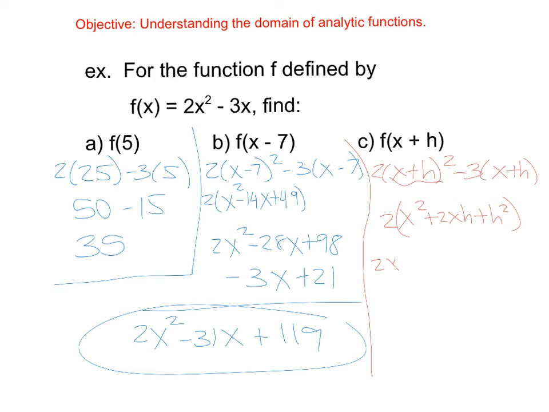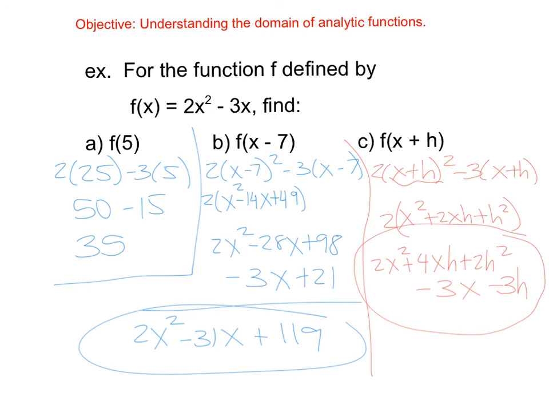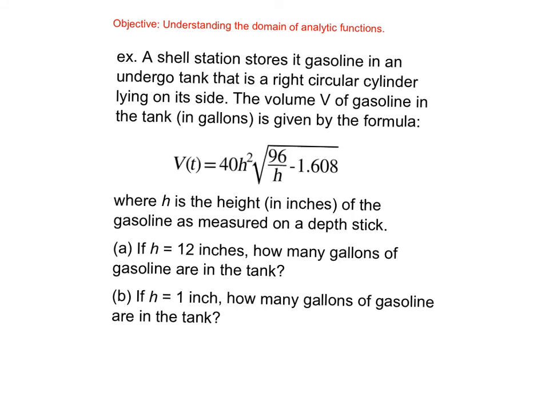So we get 2x squared plus, just kidding, 4xh plus 2h squared minus 3x minus 3h. That's your answer. It's ugly, I know it, but deal with it. We're going to be using that later, and so it's an important skill to have, being able to multiply all that out correctly.